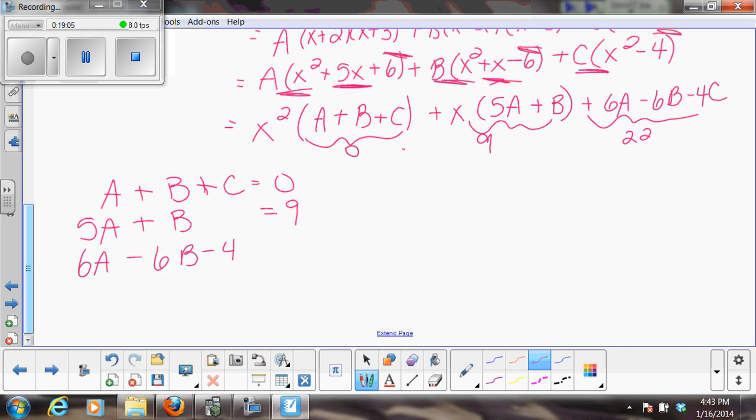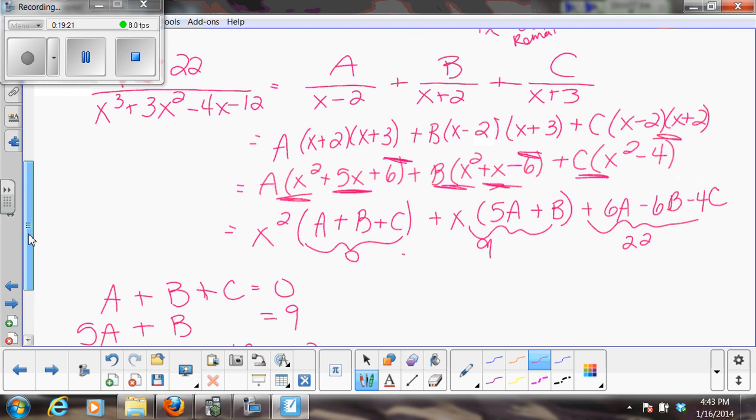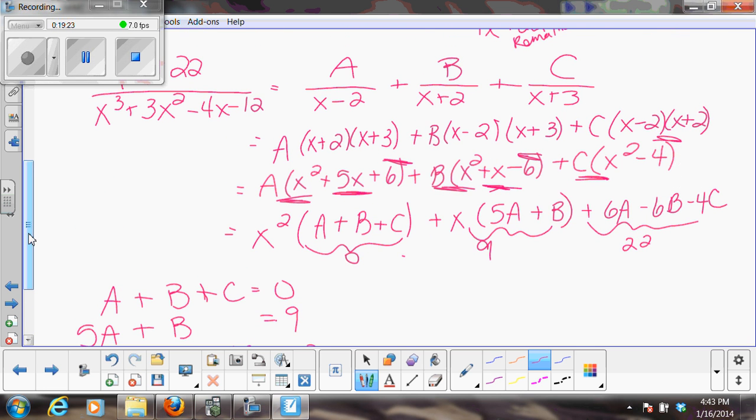And remember I told you once you get to this point, just stick it in the calculator, go to reduced row echelon form, tell me what A, B, and C are. And A, B, and C are not the same order as mine. So my A will equal 2, B will equal -1, and C will equal -1.